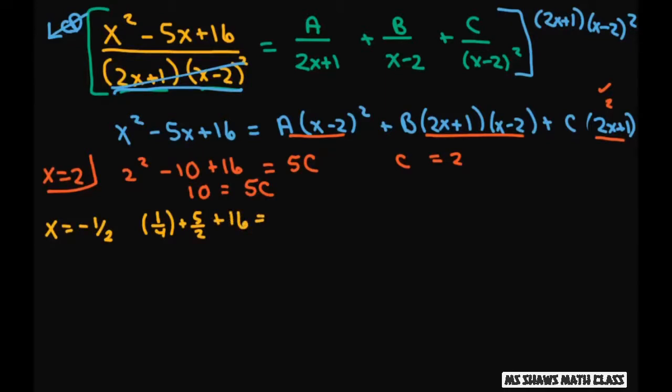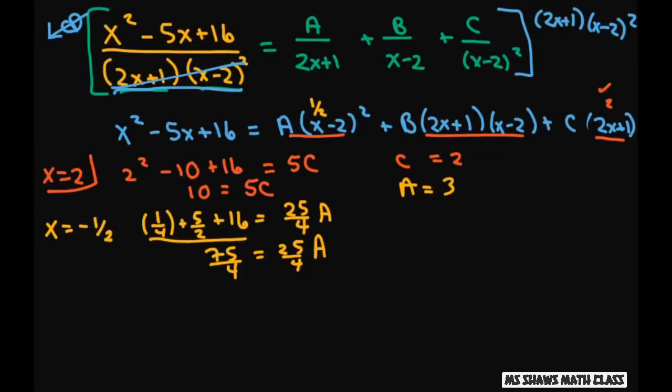And then we're going to get 25/4 A, because I plugged in the negative 1/2 here and then squared it. Okay, so basically when you clean that up, you're going to get A equals 3, because this is 75/4 equals 25/4 A. So A has to be 3.